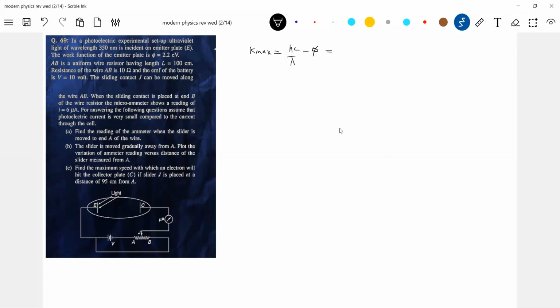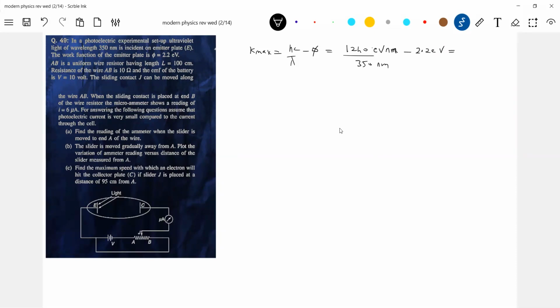He has not given any other thing, so we'll do one thing: 1240 only we will take. 1240 by lambda, which is 350, minus work function. So this will be 124 electron volt nanometer, a very standard thing, and the work function of this we know, 2.2 electron volt. So we'll get Kmax in terms of electron volt.